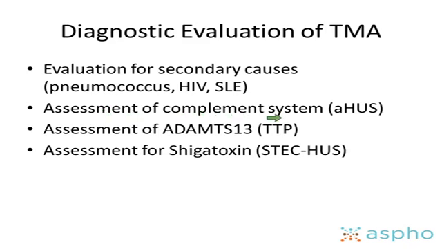A robust evaluation of the complement system is appropriate to investigate for the possibility of atypical HUS. Investigating ADAMTS13 activity is appropriate to evaluate for TTP. And lastly, looking for Shiga toxin is appropriate to evaluate for STEC HUS.